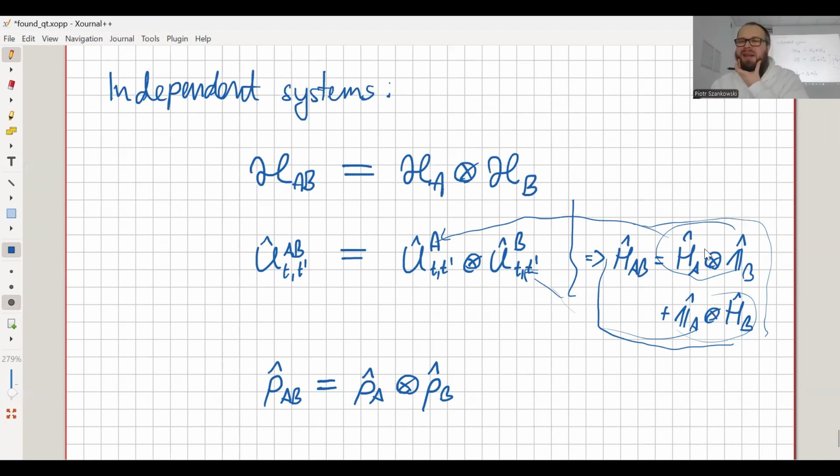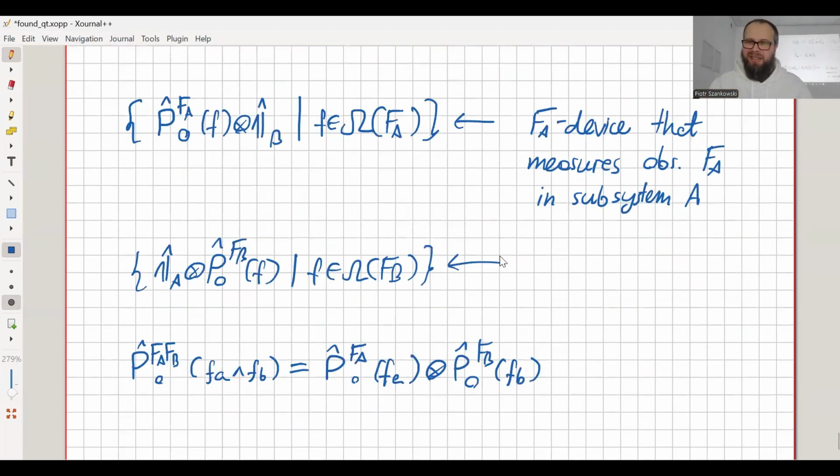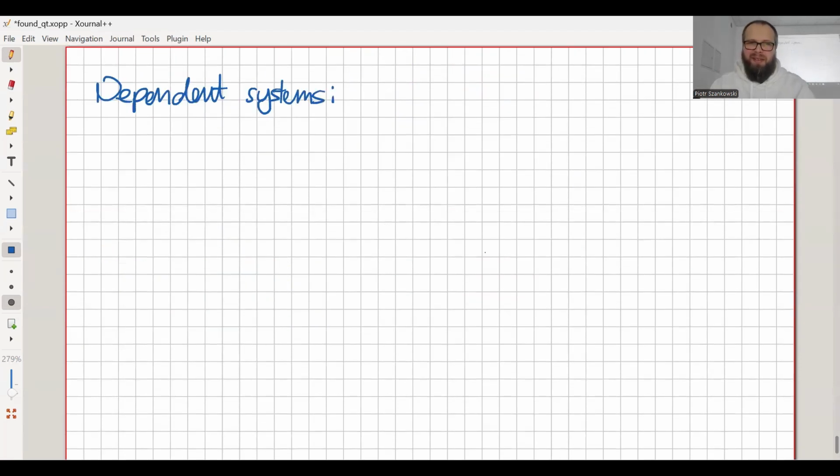So this type of Hamiltonian, when you have an operator in A times 1 plus 1 times an operator in B, will give you a factorized dynamical law, which cannot make biprobabilities no longer factorized, but you can introduce interaction for dependent systems. For example, you can do it like this.